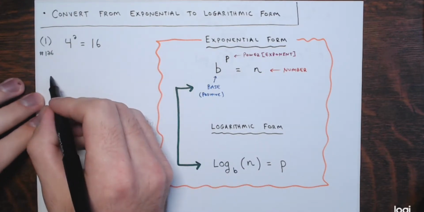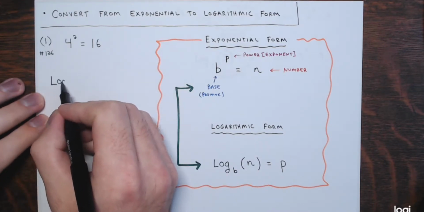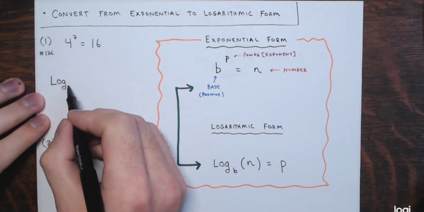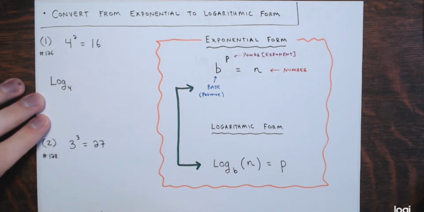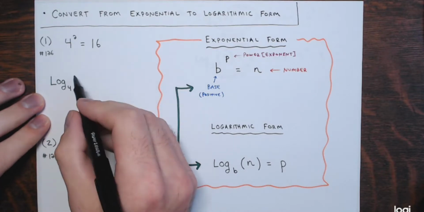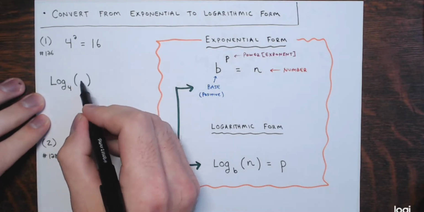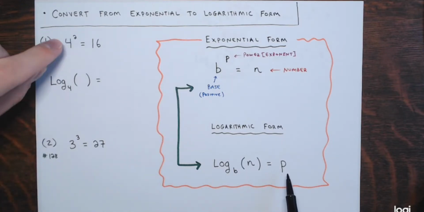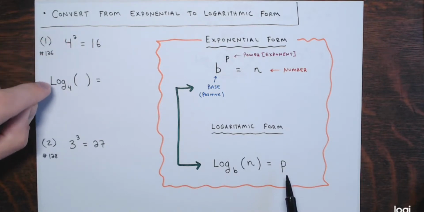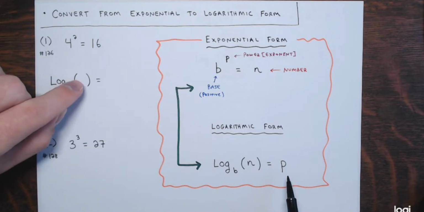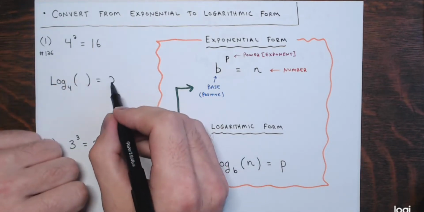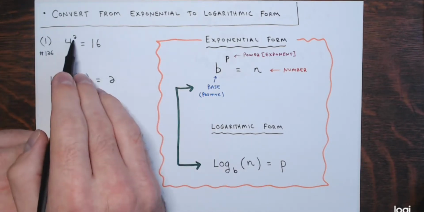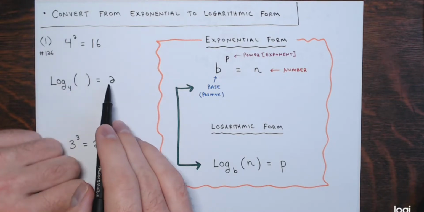So in logarithmic form, I'll have log, the base of 4 is going to be the base on the logarithm, the little subscript, of some number equals, and remember the number the log is equal to is the exponent on that base. So this is 4 to the 2. So the log base 4 of some number will be equal to 2.